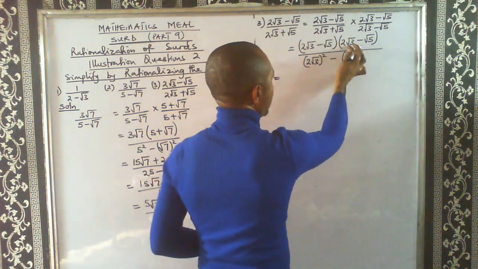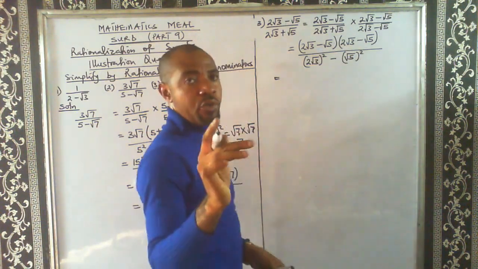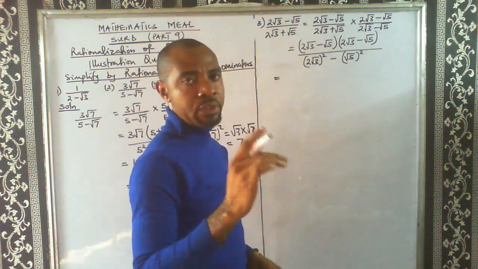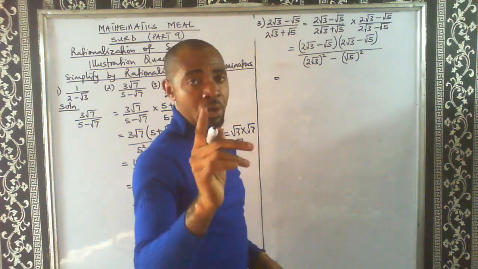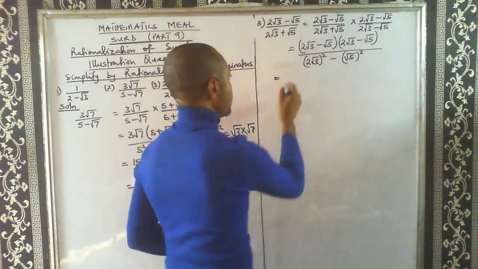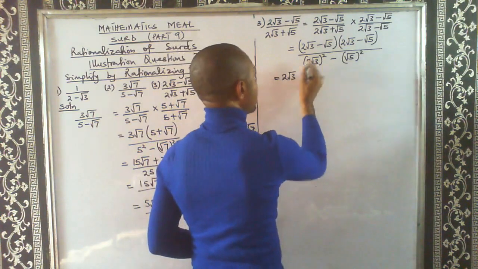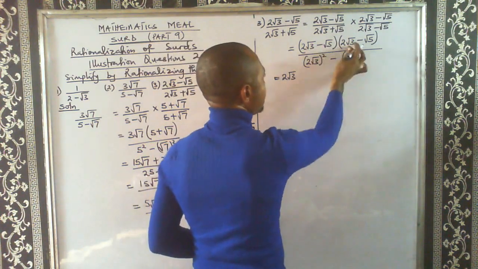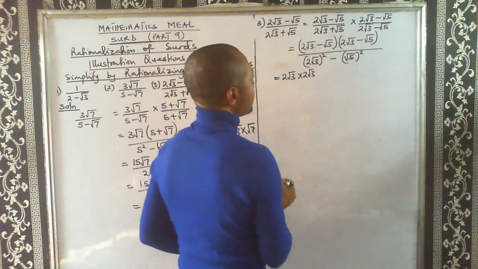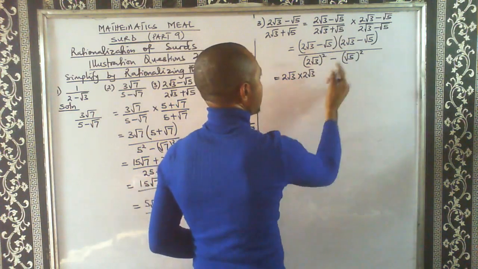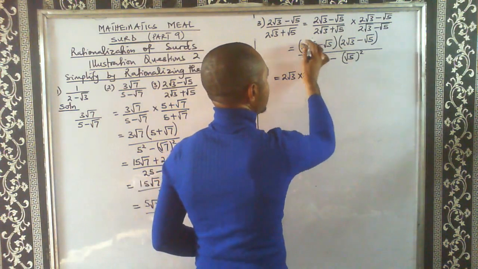This will multiply this. If you have watched our video on multiplication of surds, binomial surds, you understand it. That should be part 7 of surds. So we have 2 square root of 3, which is this, times this, times 2 square root of 3. Okay? Then this again will multiply this. So this is positive.